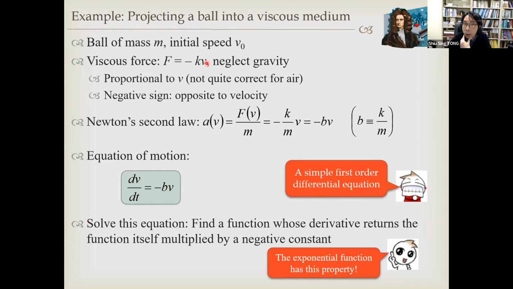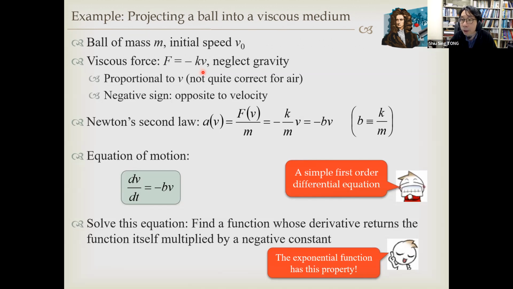How to interpret this? I assume that the viscous force is proportional to the velocity. That means if I move faster, I will be subjected to a larger resistive force. That is what this equation means. And k is simply a proportionality constant. It depends on complicated factors, such as how viscous the medium is, and how large your object is.